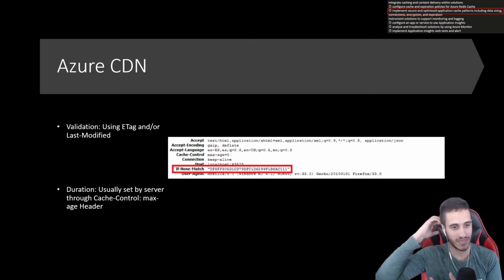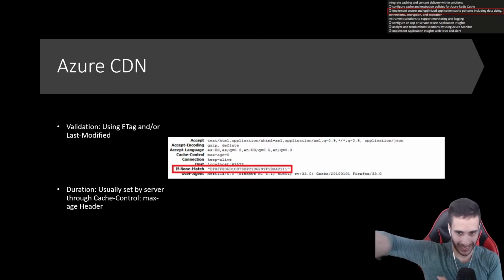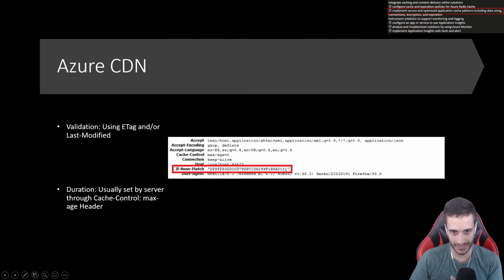And the way this is solved is by using something called an e-tag. Okay, an e-tag is essentially a unique string assigned to a resource, like an image, for example, on the server. And the way this works is that the CDN continuously sends calls to the server, attaching this e-tag in an If-None-Match header. Okay, so this is an example of the e-tag, and if this e-tag is equivalent to the e-tag we have on the server, then we know that they are in sync and the cache is still valid.